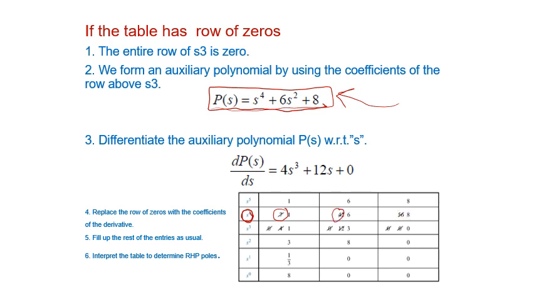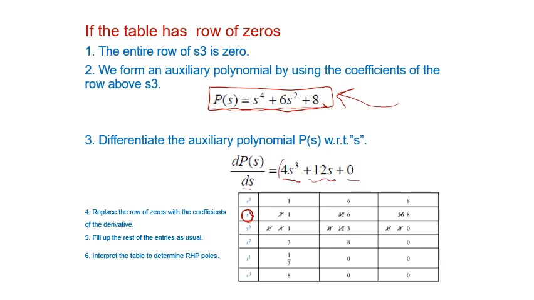So when we build the polynomial, it is going to be 1 s to the power 4 plus 6 s to the power 2 plus 8 s to the power 0, or 8. This polynomial we will differentiate with respect to s. So the derivative, dp by ds, is equal to 4s to the power 3 plus 12s plus 0.